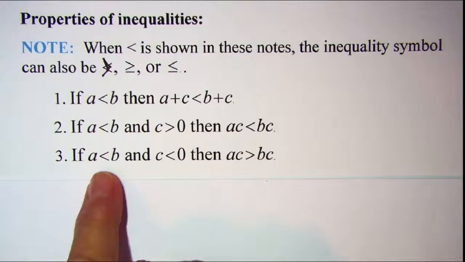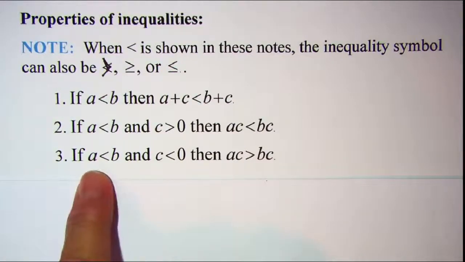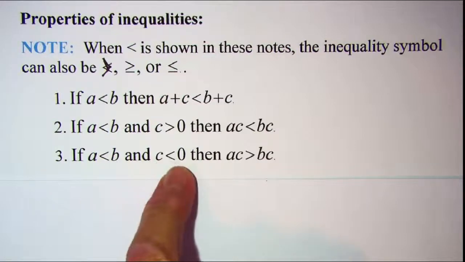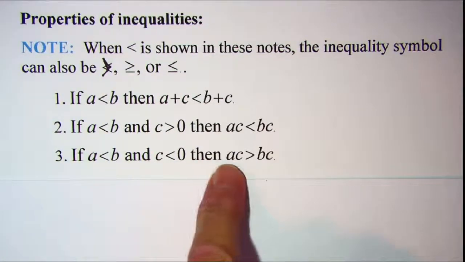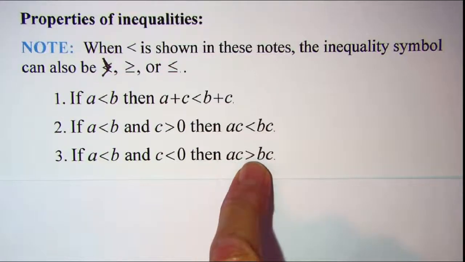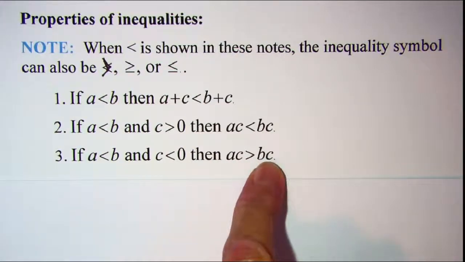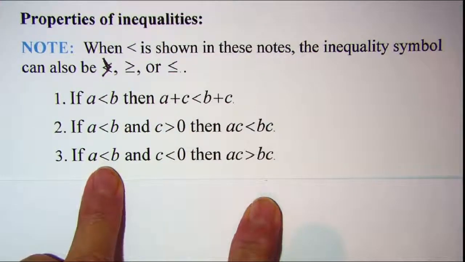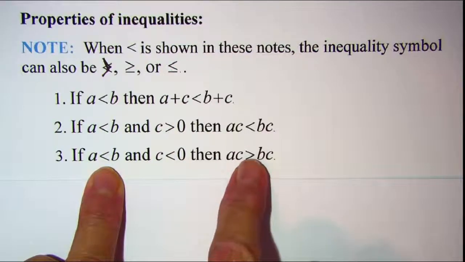Now this one's a little bit different. The third property says if A is less than B and C is negative, C is less than 0, then A times C is greater than B times C. In other words, you started out with a less than symbol, and then when you multiply both sides by a negative number, you then have to change that to a greater than.